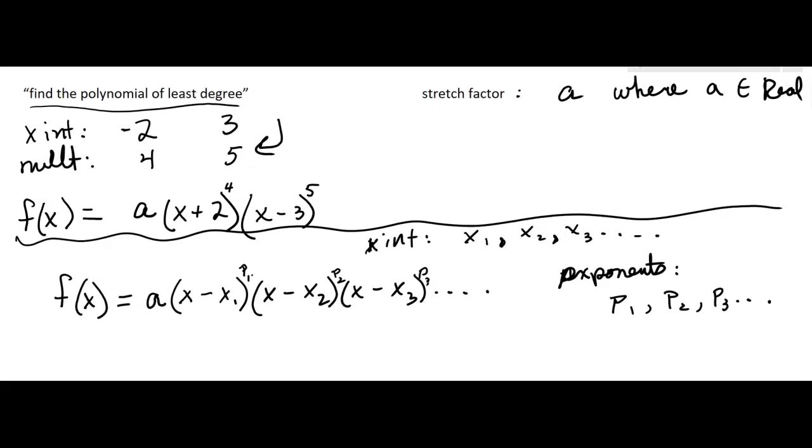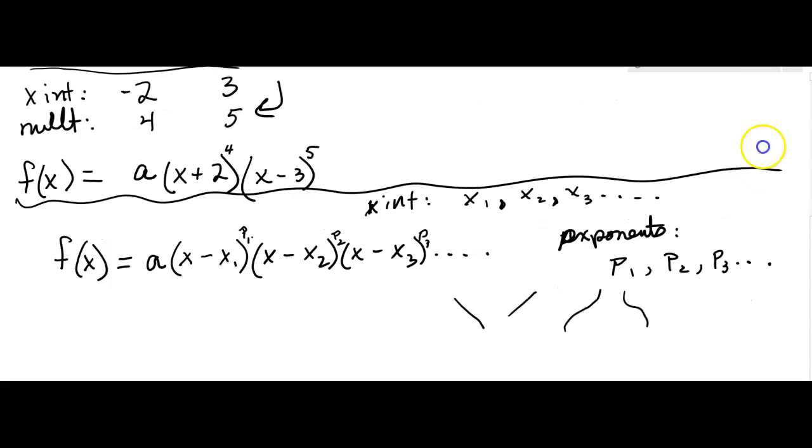If we can see the picture and we see that it crosses either this way or this way, we know that the degree is going to be 1, or the exponent's going to be 1. If it's doing something like this, or going the other way, then the least degree would be 3. Let me scroll this up so I can write that for you.